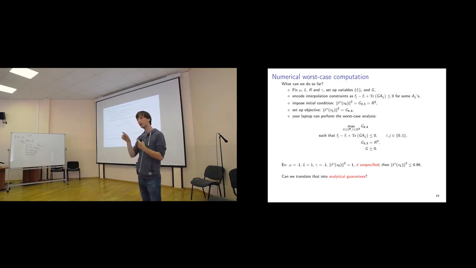And at the same time, you will recover dual variables. Dual variables actually matter a lot in that methodology, and I will explain why on the next slide. In order to obtain analytical guarantees, we will be using duality, essentially.